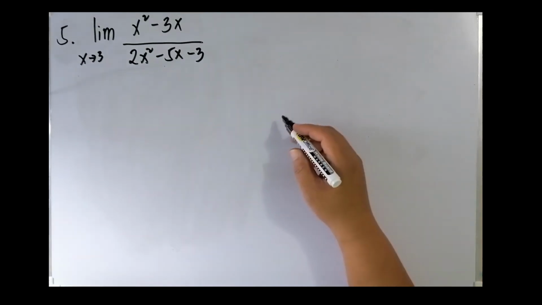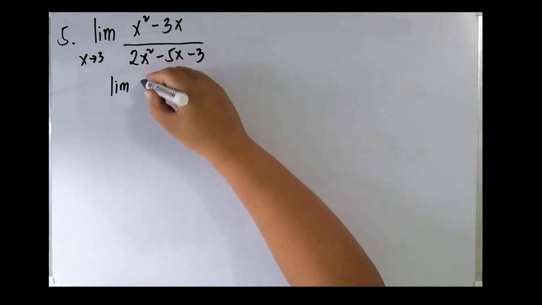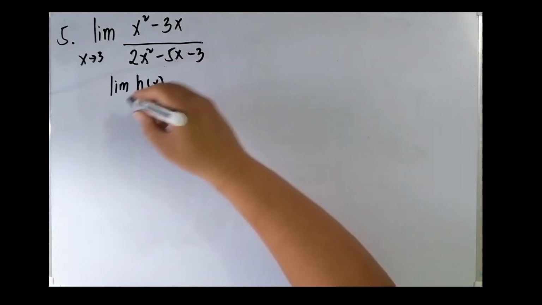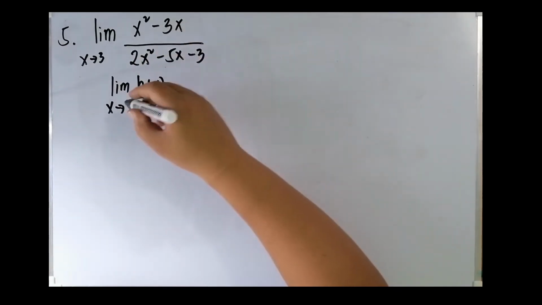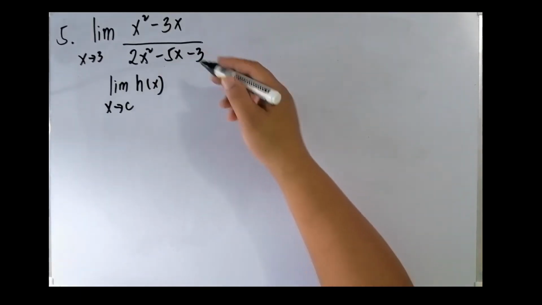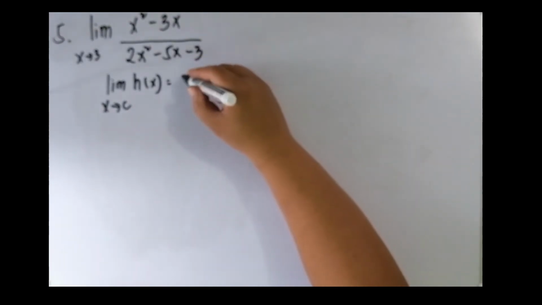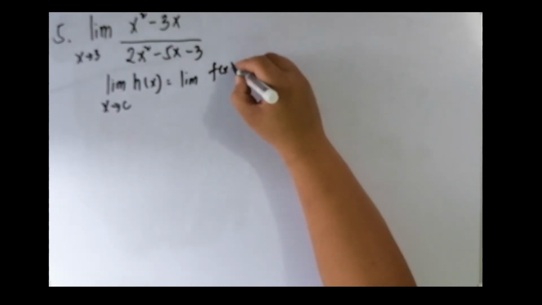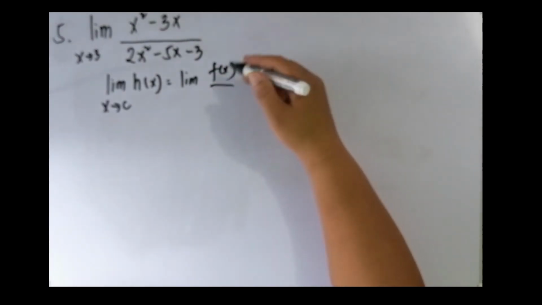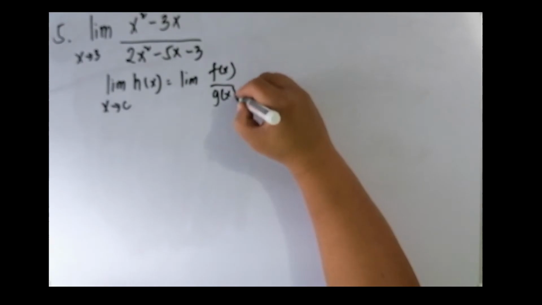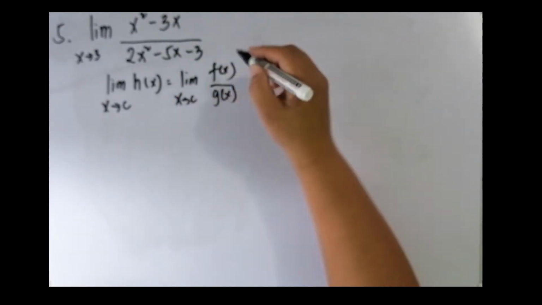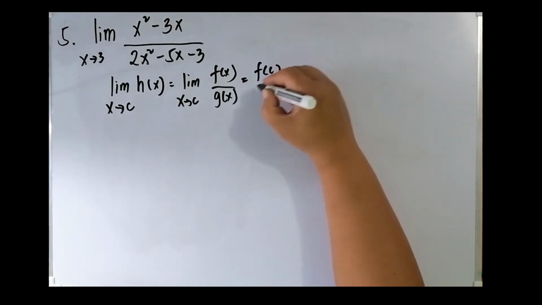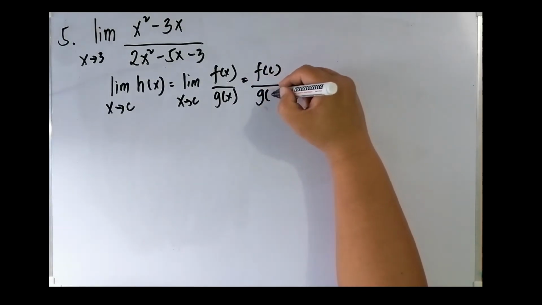So, sabi doon sa theorem natin, kung mayroon tayong limit ng h of x na to ay rational functions as x approaches c, and c is a real number, so we have the limit of f of x all over g of x as x approaches c. Then, we have f of c all over g of c.